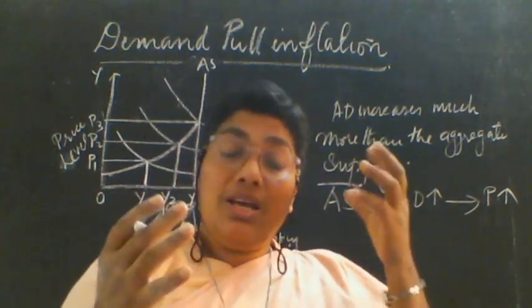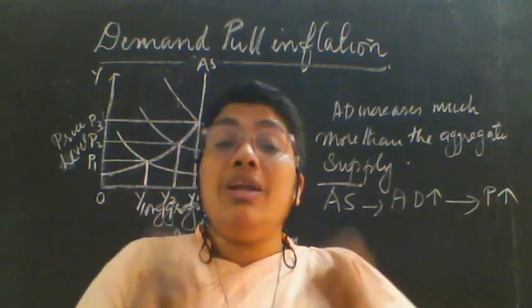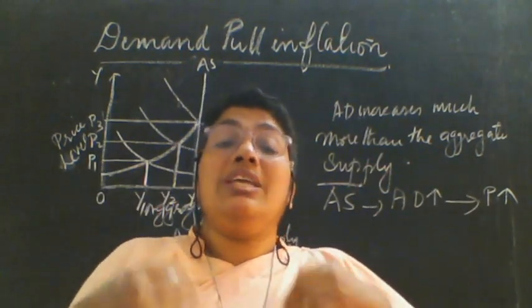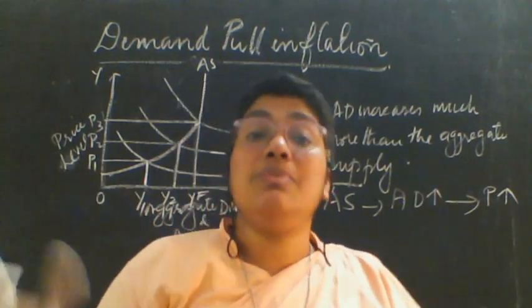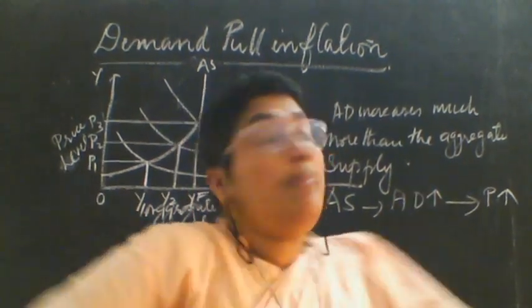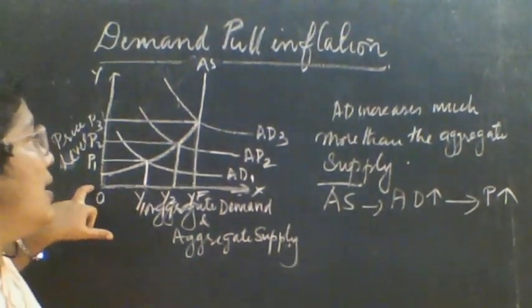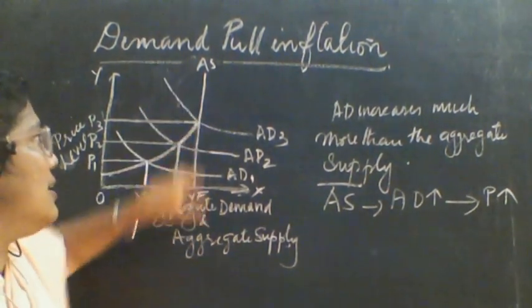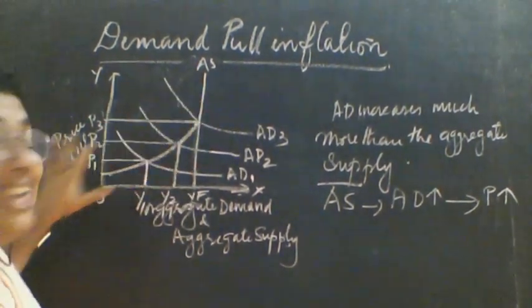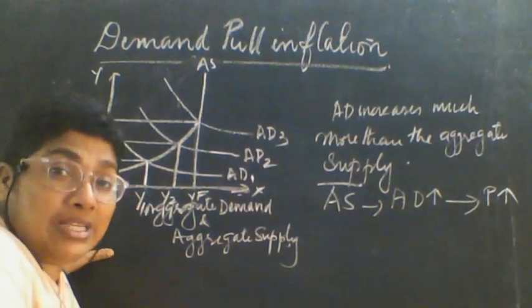Demand pull inflation says that, given the aggregate supply, when aggregate demand increases, price level increases, and that is known as demand pull inflation. An increase in price level while output is still rising is not called inflationary.